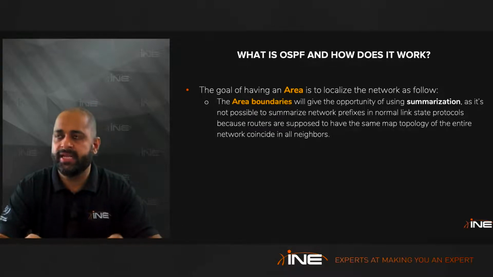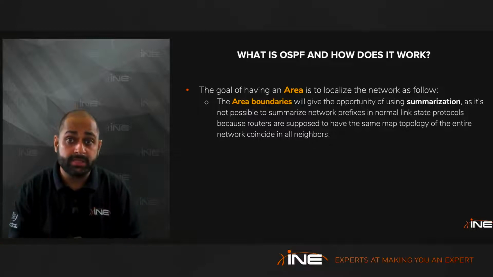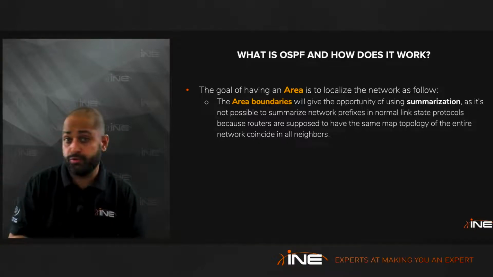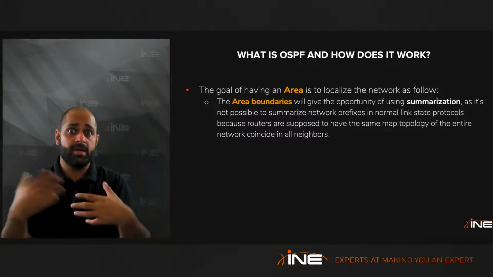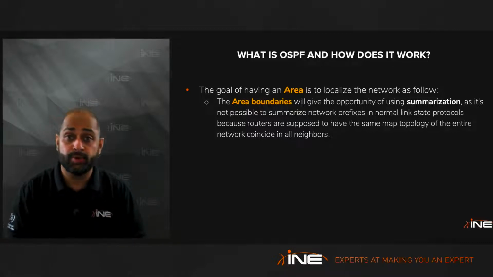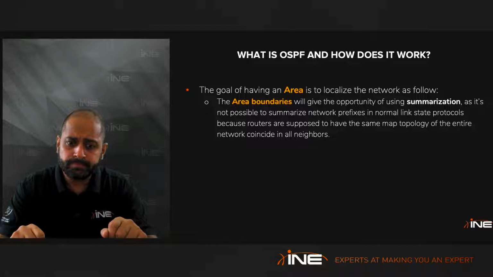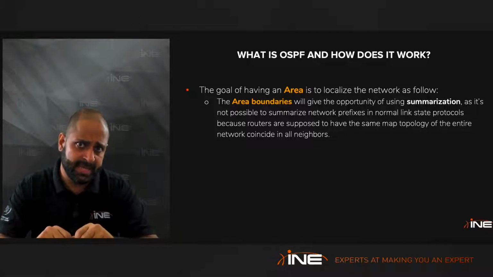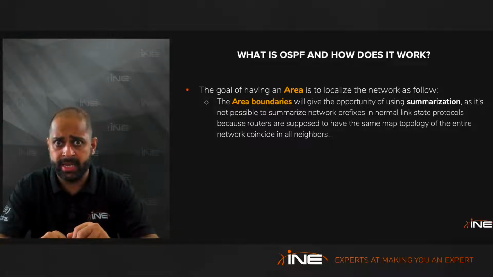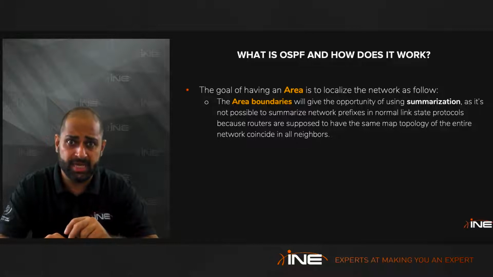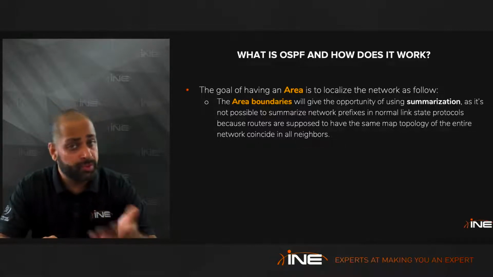By configuring multi-areas, you are creating area boundaries which now allow you to do summarization. If I have multiple areas, I can do summarization on the ABR. One thing you must know is that if you are creating multi-areas, then all areas need to be directly connected to the backbone area, and they have to be connected through the ABR.